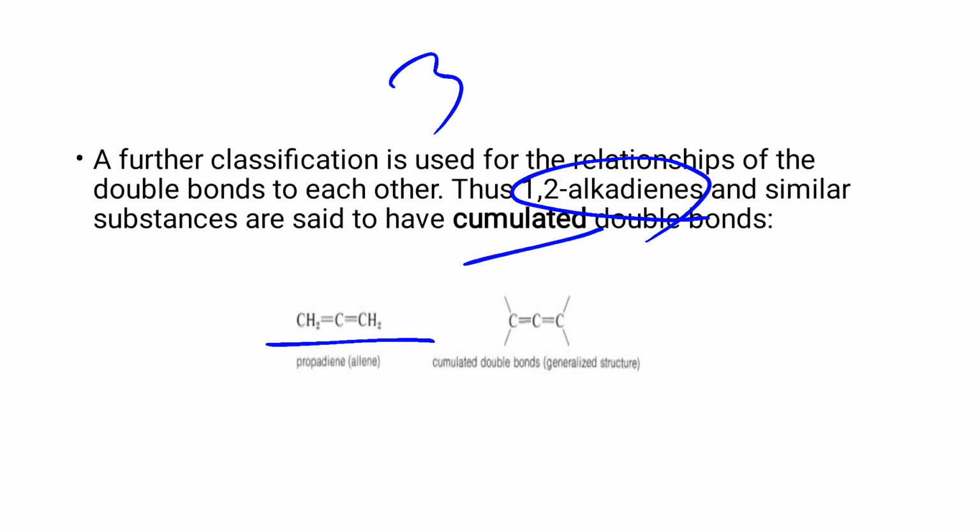The double bonds are at the 2, 3 or 3, 4 or 4, 5 positions. This indicates the cumulated diene.